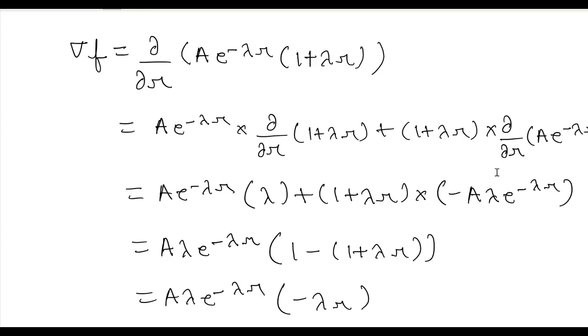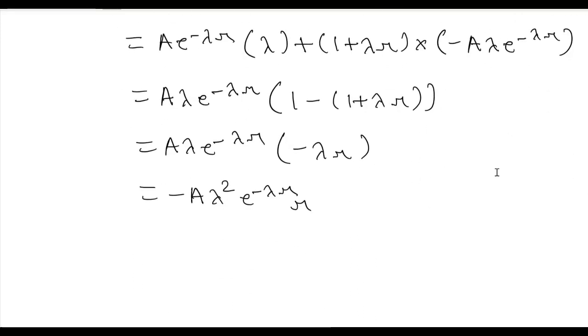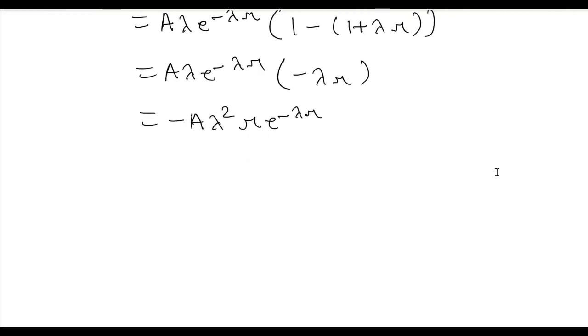That's minus a lambda square e to the power minus lambda r, and there's an r here. Just to not make the notation confusing, I'll put the r ahead: minus a lambda square r e to the power minus lambda r. So this is the gradient of the scalar function in this form.